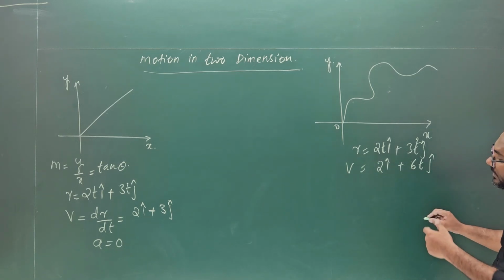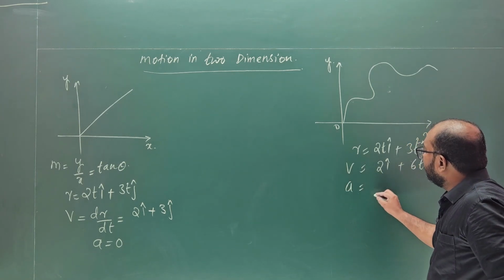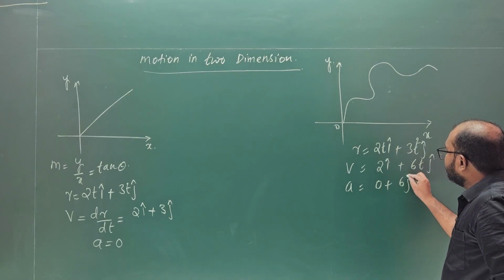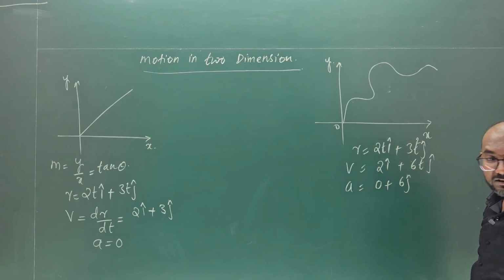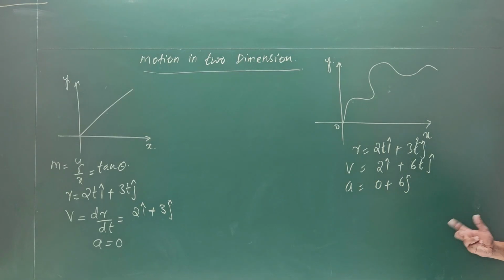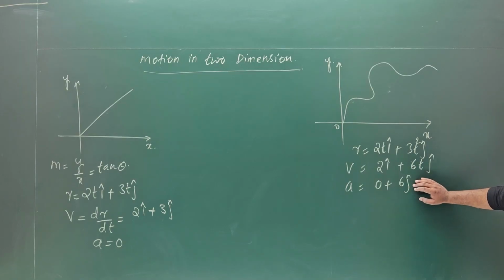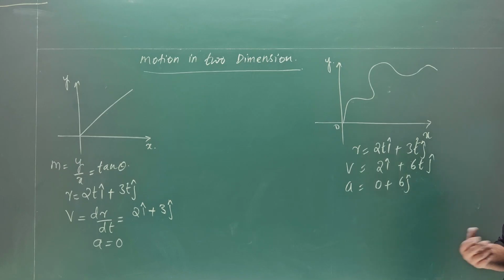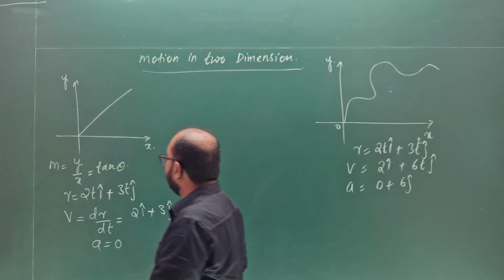Then if I calculate the acceleration, it will be 0 plus 6j. Yes, 6j. Can I say that this body's motion is having a constant acceleration? But in y-axis it has a velocity that is changing only in y-axis. Yes or no?